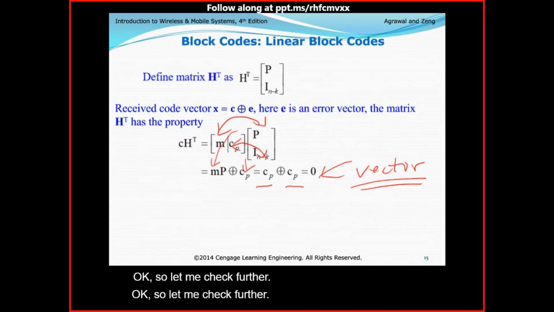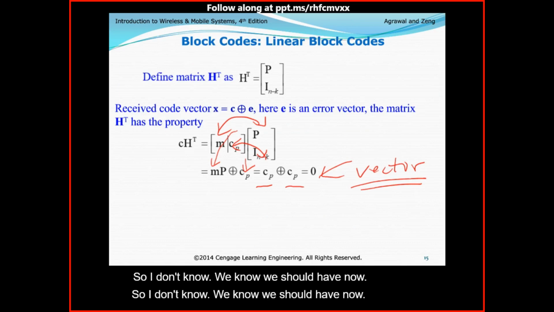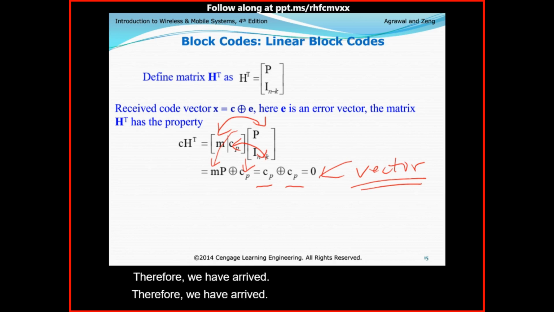So now we know we should have a null vector. Therefore, we have an error E. If we have an error E, then think about this.